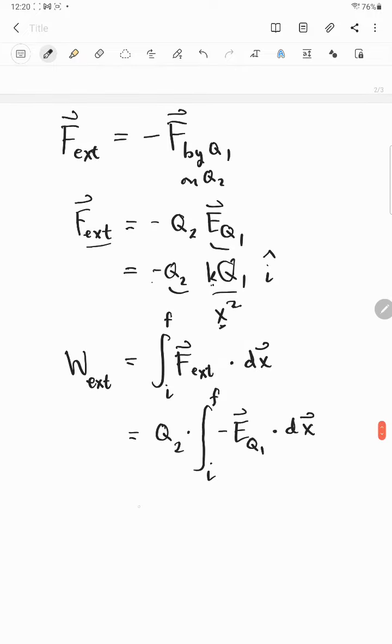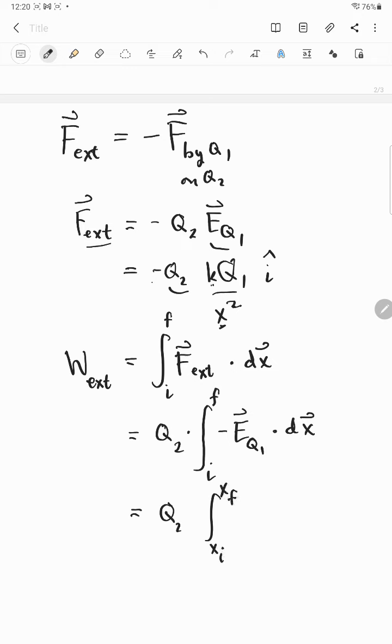For us, what this looks like, since the initial location, the final location, and the path between them is all along the x-axis, is Q2 times the integral from x initial to x final, right?